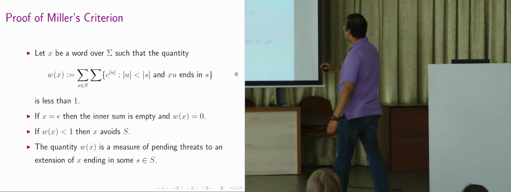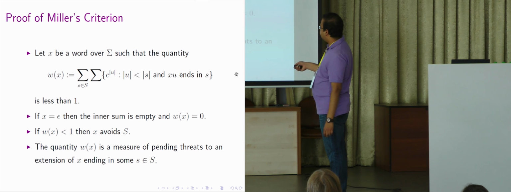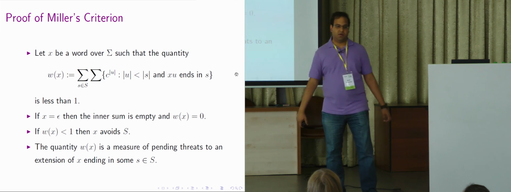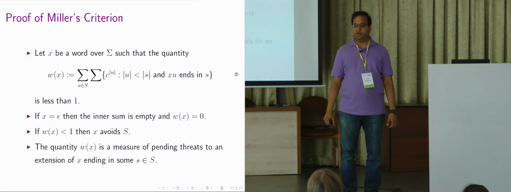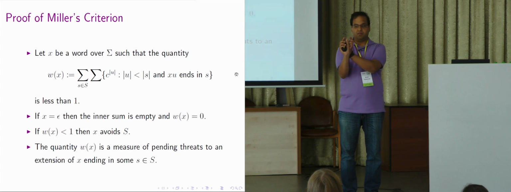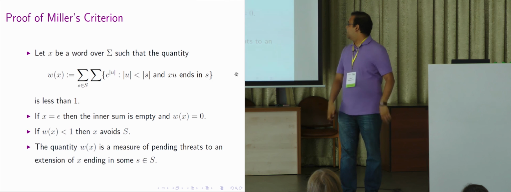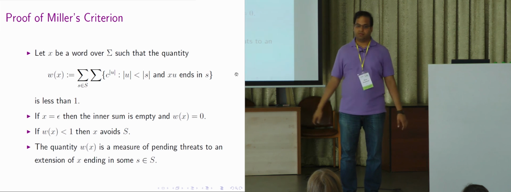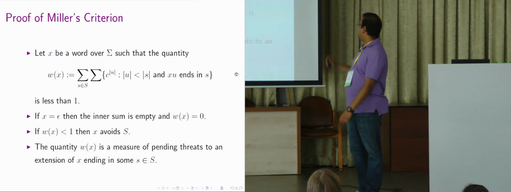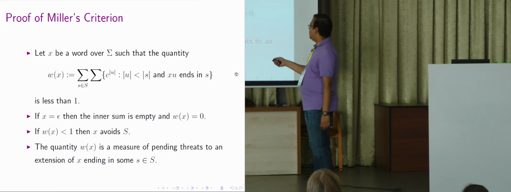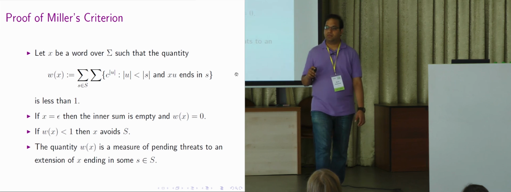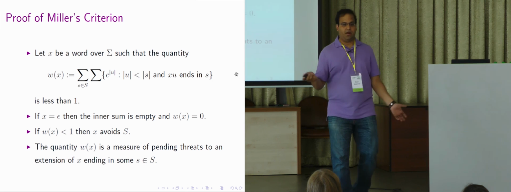Because if x did contain a word in S, then I could take u to be the empty word as an extension, and then x would end in this s, and I would have c to the 0, and this whole thing would be at least 1.